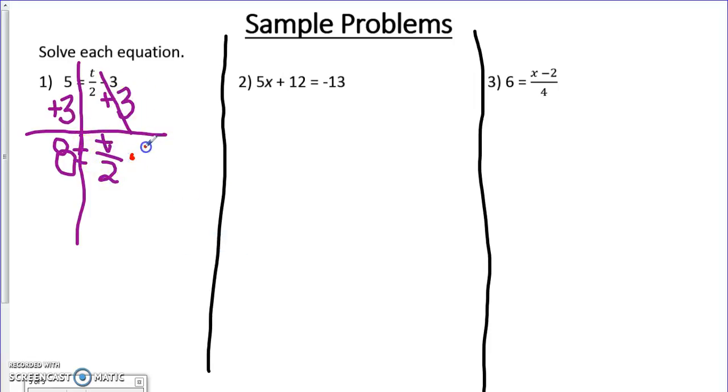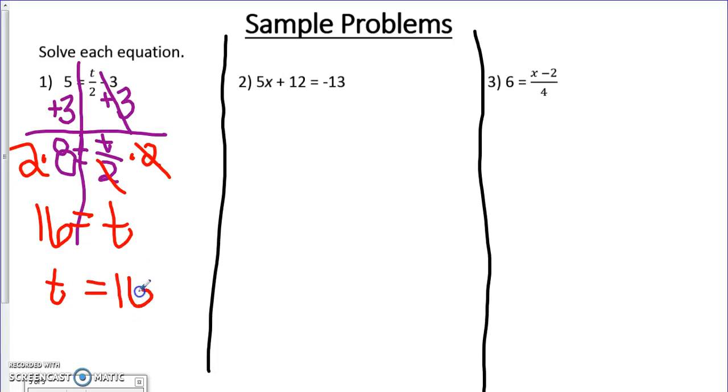We multiply both sides by 2, because undoing division is multiplying. So we have 2 times 8 is 16. 16 equals t. We do not have to do anything else. A lot of kids like to write t equals 16. They mean the same thing, so however you want to write it is fine by us.